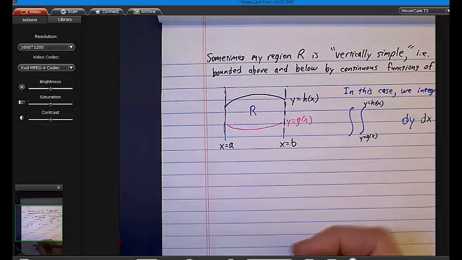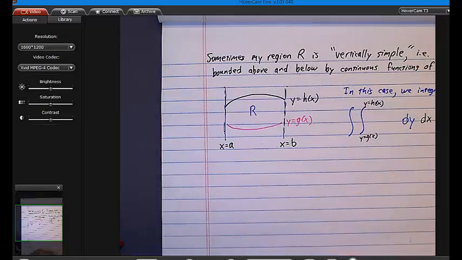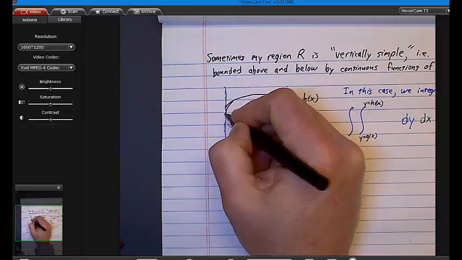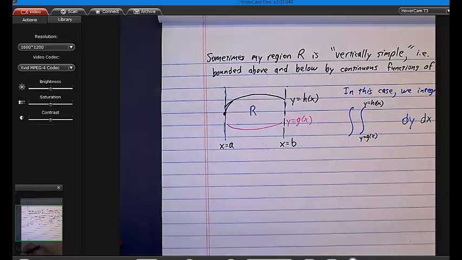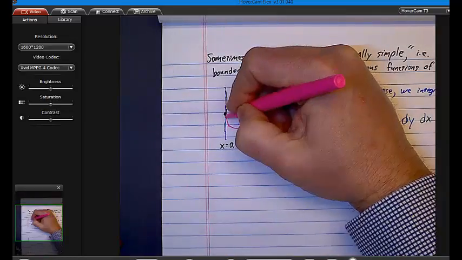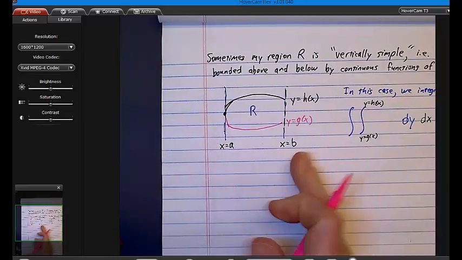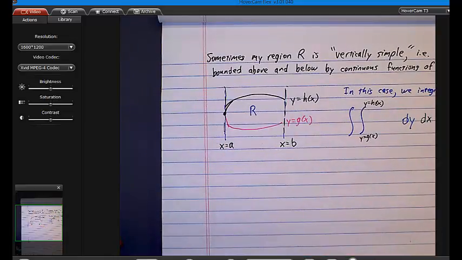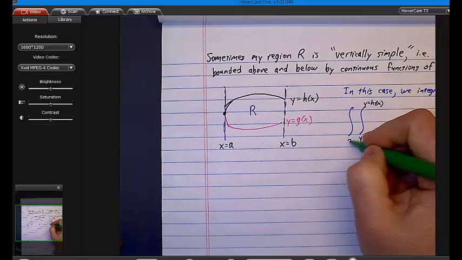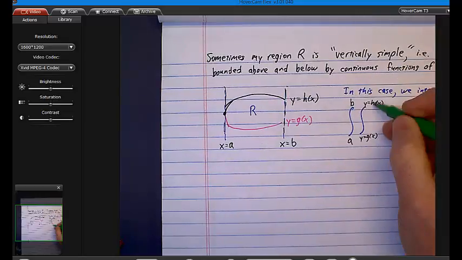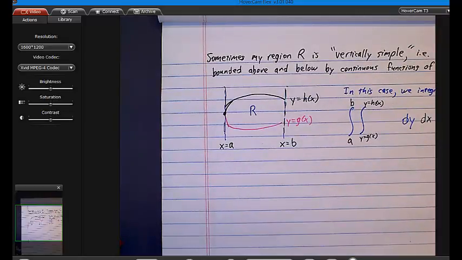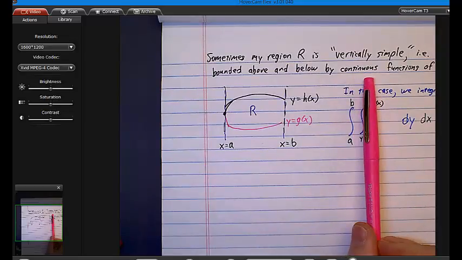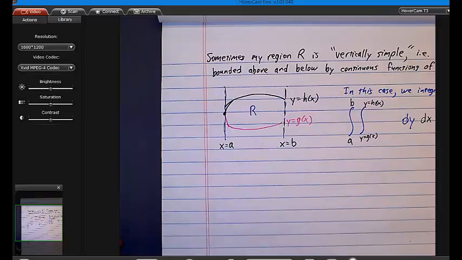Sometimes they're not lines. Sometimes maybe these things intersect at a point. But the last integral you do, you have to have numbers here, a and b. You have to put functions on the inside. And I said they have to be continuous. They don't have to be continuous, but they have to be nice.